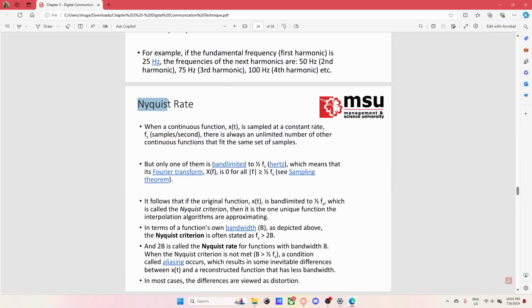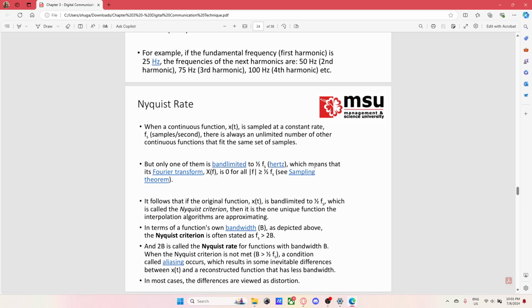Alright, what is the Nyquist rate? A continuous function x(t) is sampled at a constant rate, Fs. There is always an unlimited number of other continuous functions that fit the same set of samples, but only one of them is bandlimited to 1 over 2 Fs.